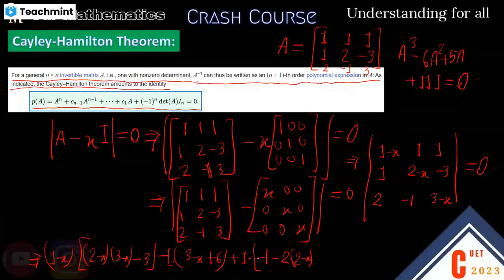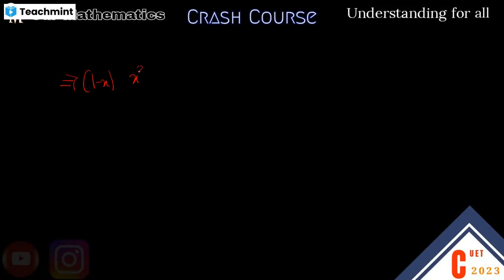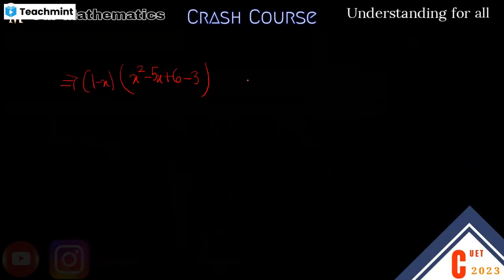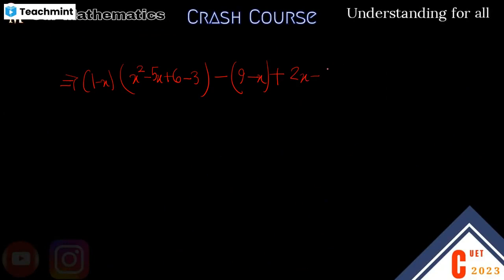That will be equal to 1 minus x into (2 minus... it will become x square minus 5x plus 6 minus 3). Okay, the next will be minus (9 minus x) plus twice x minus 5 is equal to 0.